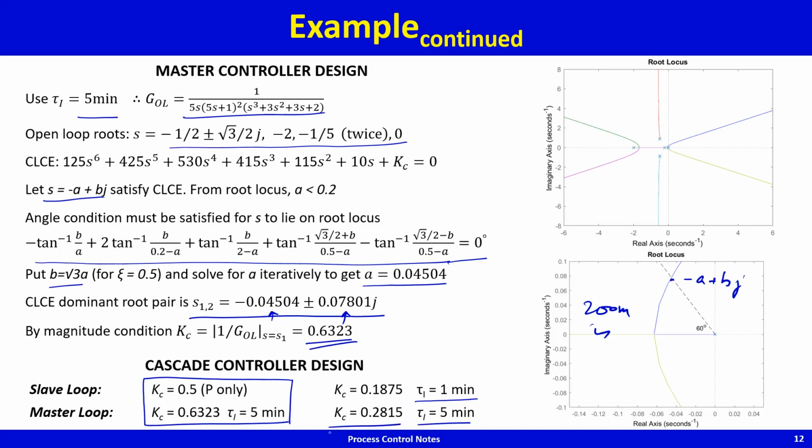Notice that now the Kc is much lesser for the master loop. Anyway, we're going to get dynamic responses for both these controllers, and I leave the derivation of this to all of you as an exercise. Now the next part of the problem is designing a simple feedback controller.